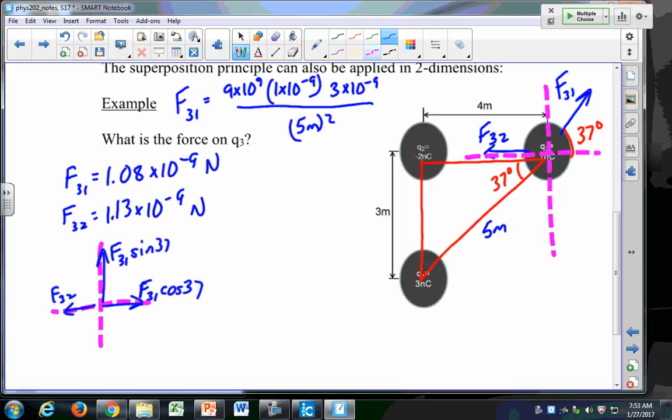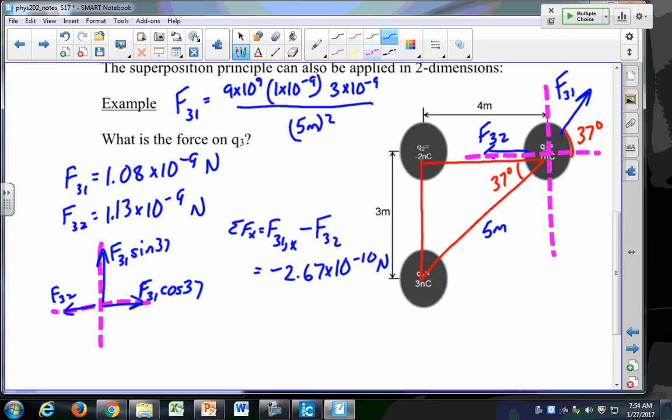I do the sum of the forces in the x. That's F31 cosine 37, I'm just going to call that F31x, minus F32. Putting in those values, I say this times cosine 37 minus this, and I get negative 2.67 times 10 to the minus 10 newtons.